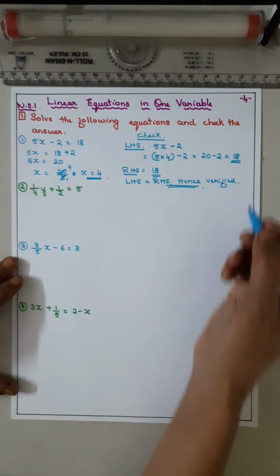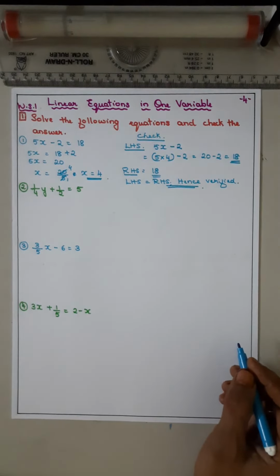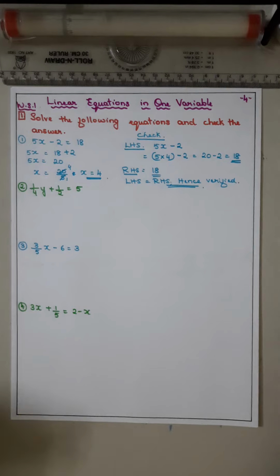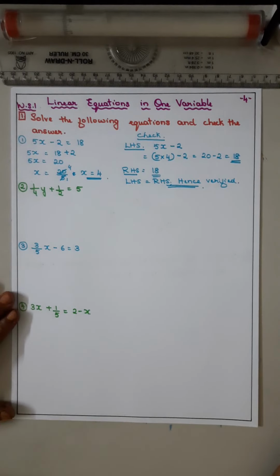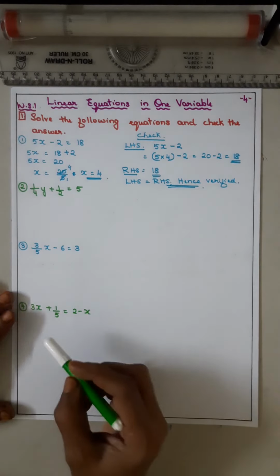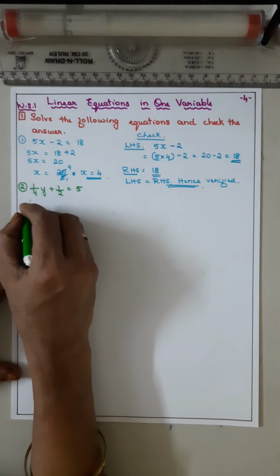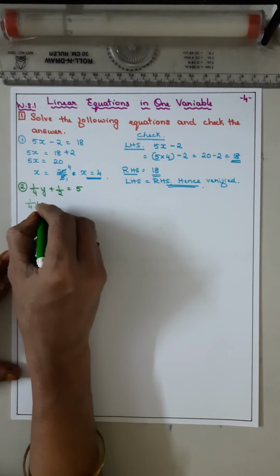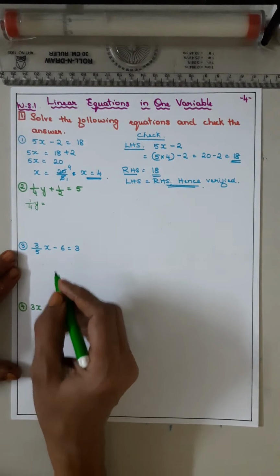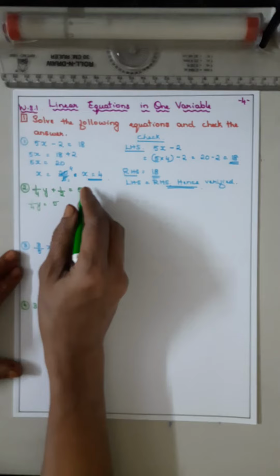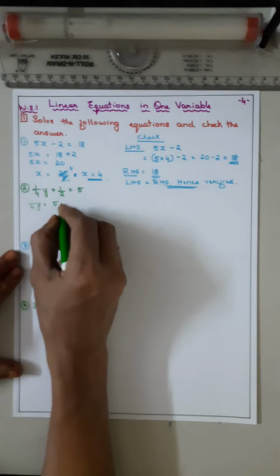See, in the worksheets, the first starting sums will be easy. Now coming to the second sum, 1 by 4y plus half is equal to 5. Now 1 by 4y, keep it on the left side, and 5, take 1 by 2 to the other side.